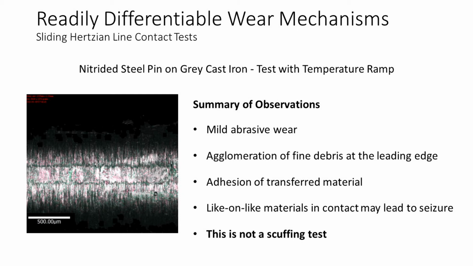So we can summarize the process in this experiment as follows. Mild abrasive wear, agglomeration of fine debris on the leading edge of the moving specimen, adhesion of transferred material to the moving specimen, like-on-like materials in contact, which may eventually lead to seizure. In this case, despite the alleged aim of the experiment, we do not have a scuffing test.